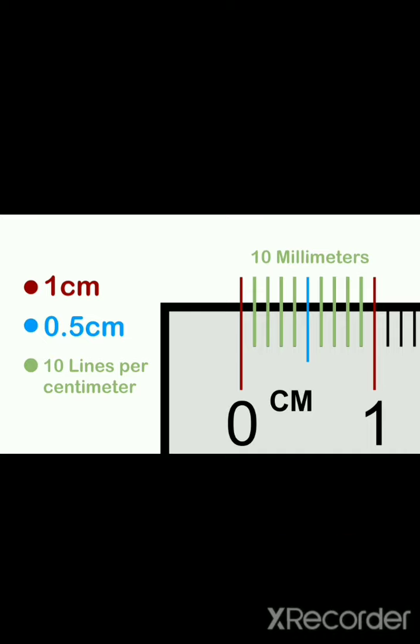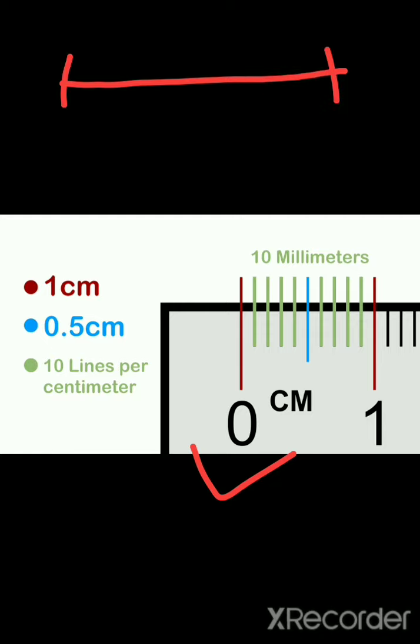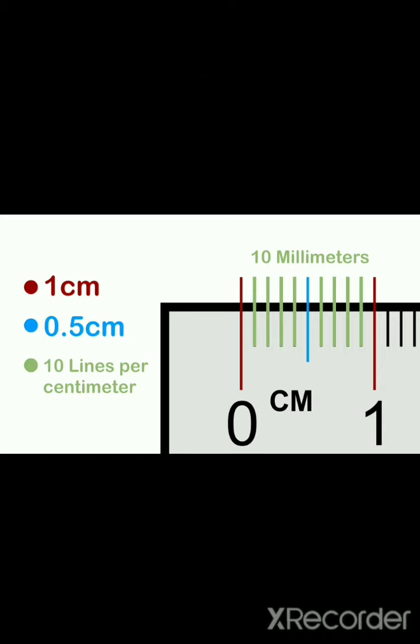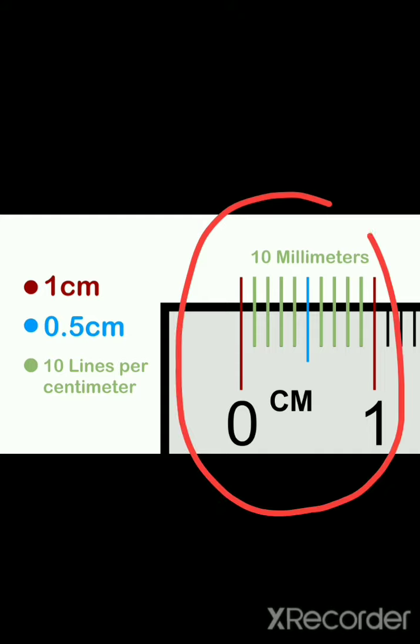For measuring any item you need to start from the zero base. Suppose one thing is here. To measure this thing, you need to start from 0 on the scale. You can observe in this diagram that the scale starts from 0. So when we measure any item in length, we need to start from this 0.